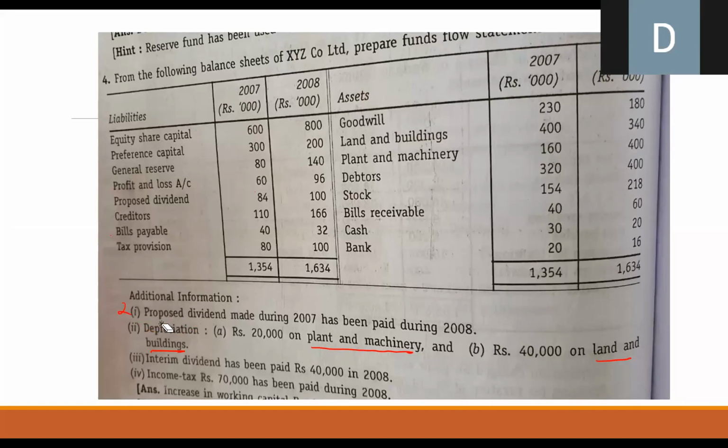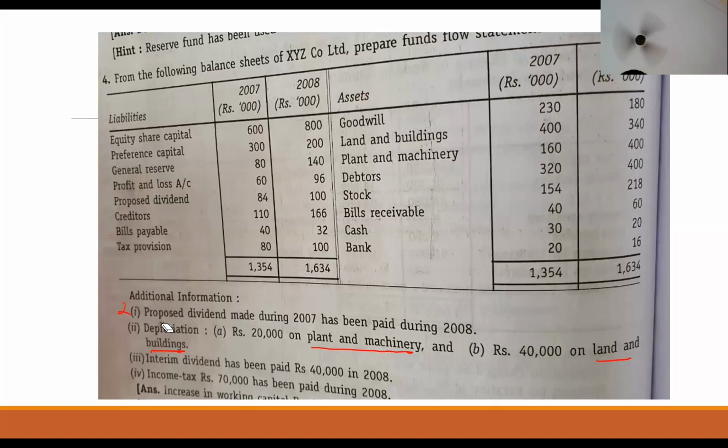In this question, depreciation is mentioned and they have not said anything about sale or purchase of fixed assets. So sale or purchase of fixed assets would be the balancing figure in this question. Clear? So plant and machinery account and land and building account, 2 accounts should be prepared.